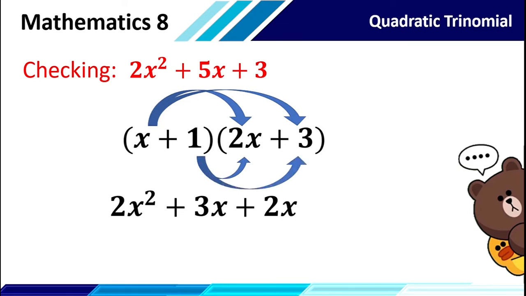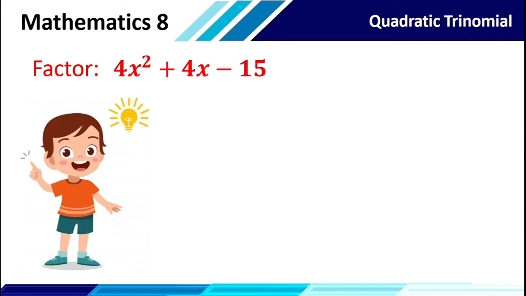And 1 times 3 is 3. When we simplify 2x squared plus 3x plus 2x plus 3, the answer would be 2x squared plus 5x plus 3. As you can see, our answer and our given are the same. Therefore, the factors we obtained are correct.